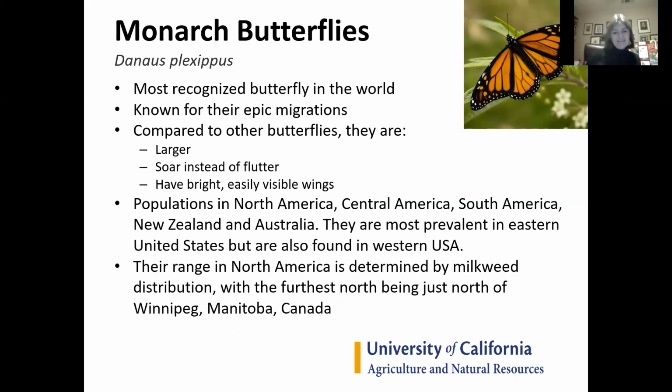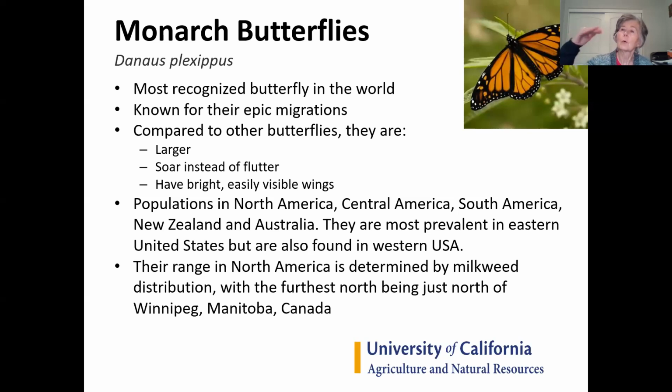Okay, I'm going to start talking now about the monarch butterfly, which of course is the main topic of this talk. They are the most recognized butterflies in the world, known for their amazing epic migration. Compared to other butterflies, they're very distinctive because of their coloring, but they're also larger.